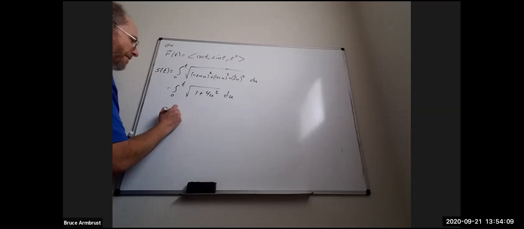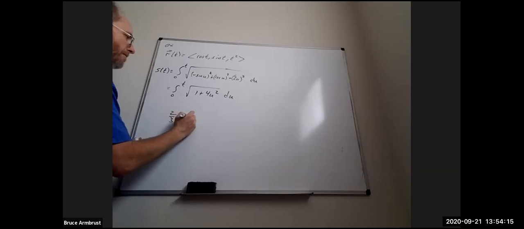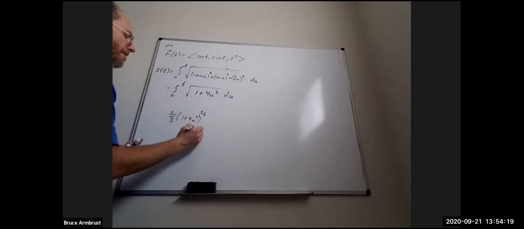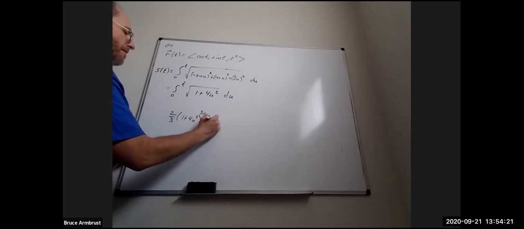Be really glad I'm not going to make you do this by hand. I think we get 2/3 times 1 plus 4u squared to the 3/2 times 4u cubed divided by 3. I think, anyway.